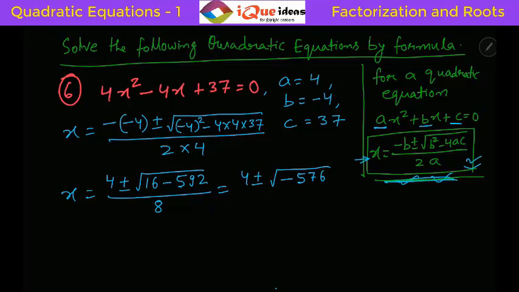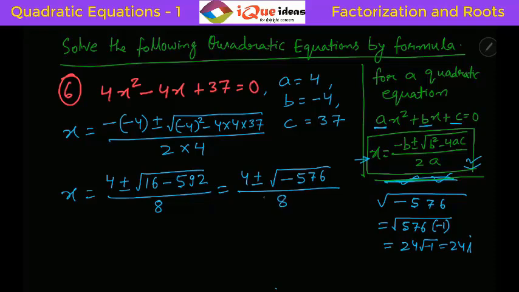Fantastic. Now 576 is 24 square. So once again, minus 576 can be taken as square root of 576 into minus 1. Square root of 576 is 24. Then root of minus 1 is taken as i. So it is 24i. So we say that here it is divided by 8. So we say that x is equal to 4 plus minus 24i divided by 8. Right?